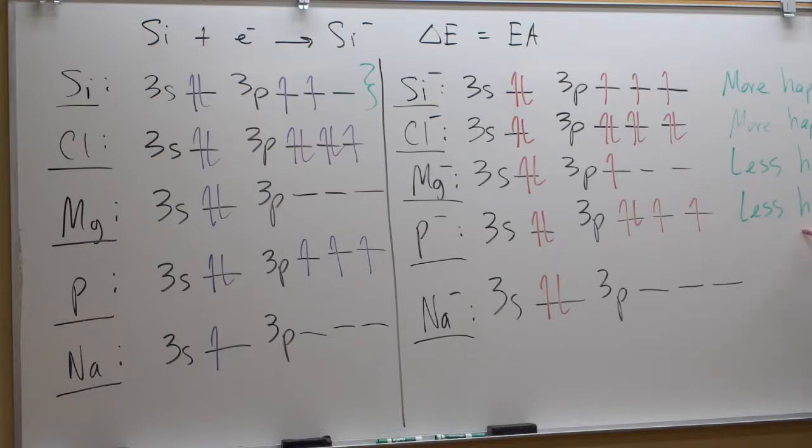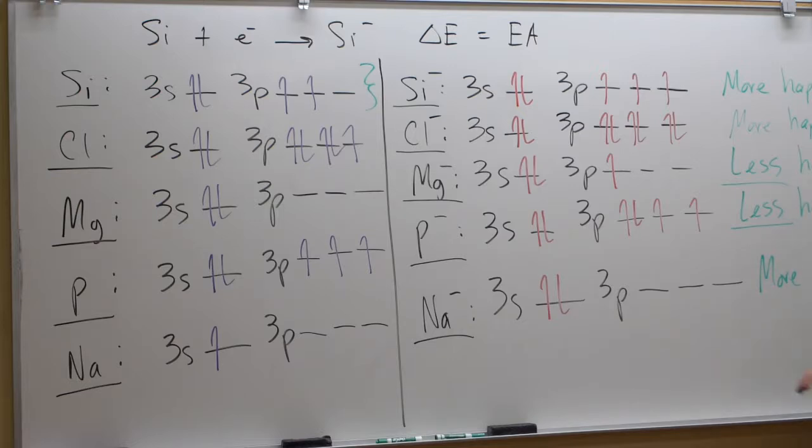If you have an English accent, you'd say less hoppy, and hoppy means something else in the making of beer. Okay, anyway. Let's see. Sodium gaining an electron, more or less happy? More. Yeah, more happy. So we have 2 lesses and 3 mores.